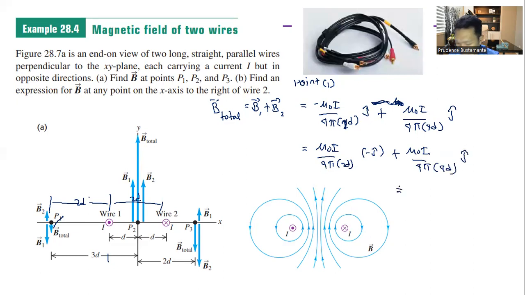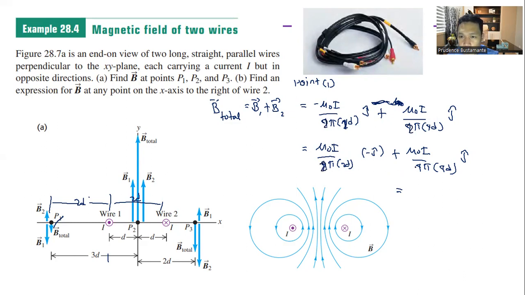So this is actually equal to, actually this is not 2, this is 2 pi.